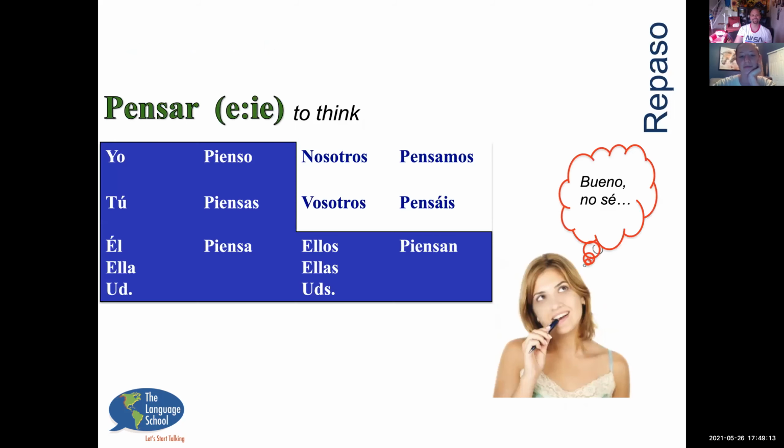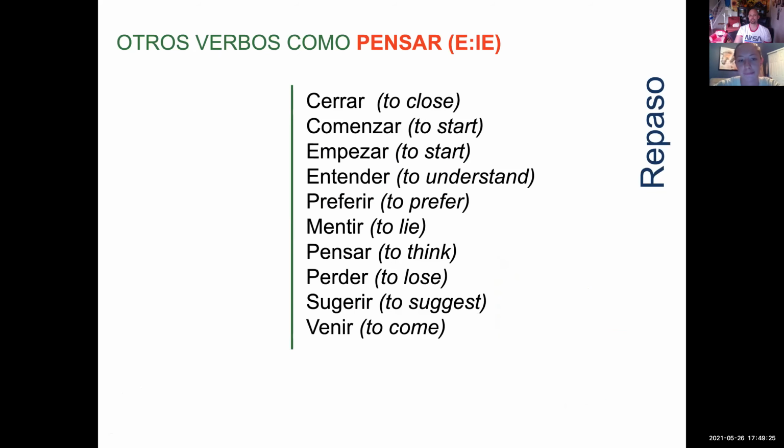Muy bien. Pensar. So this is the E to IE stem changing verb. Yo pienso, tú piensas, él piensa, nosotros pensamos, ellos piensan. Okay. Sí. So other verbs that are going to work this way include cerrar, comenzar, empezar, entender, preferir, mentir, pensar, perder, sugerir, y venir.